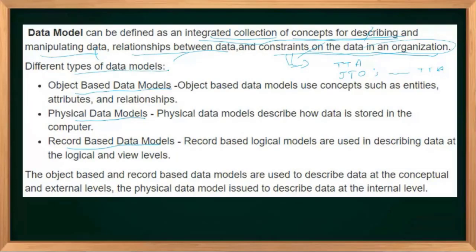Different types of data models. The first one is the object-based data model, which uses concepts such as entity, attribute, and relationship. Entity means anything in the real world, attribute means a property of an entity, and relationship means the association between them.